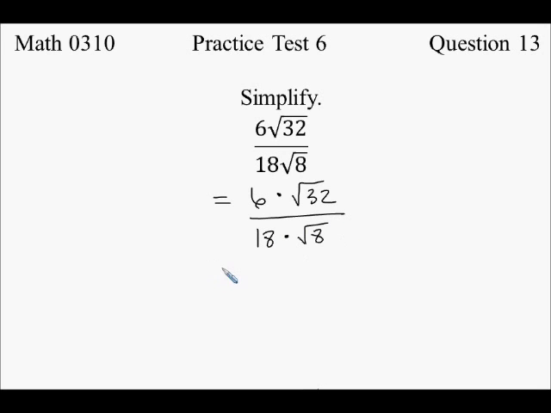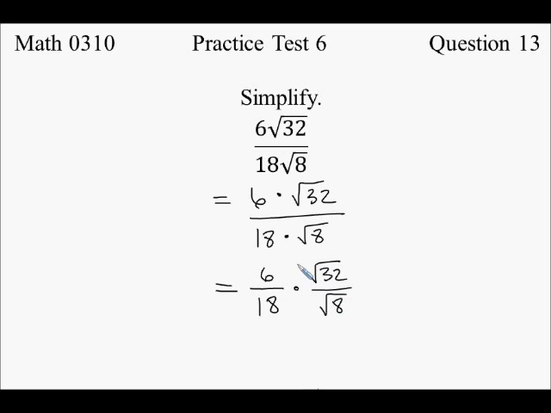If we have something on top multiplying by something else, and something on bottom multiplying by something else, let's go ahead and split this up into 6 over 18 times square root 32 over square root 8.